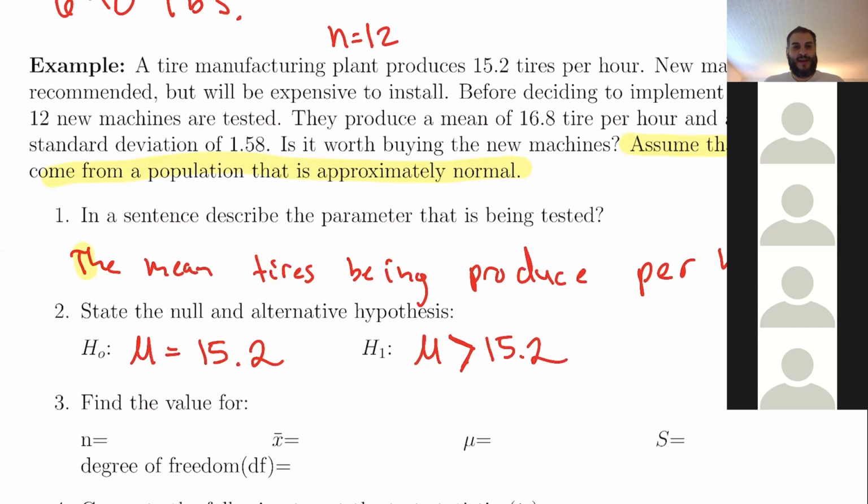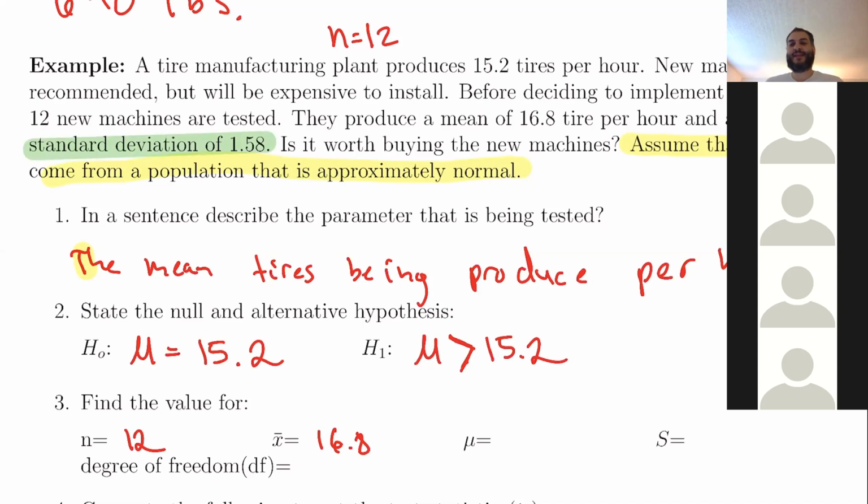All right, so let's go ahead and do n, x bar, mu, and s. If you look at n, I already said it was 12. x bar is equal to 16.8. And this part says the sample standard deviation of 1.58.